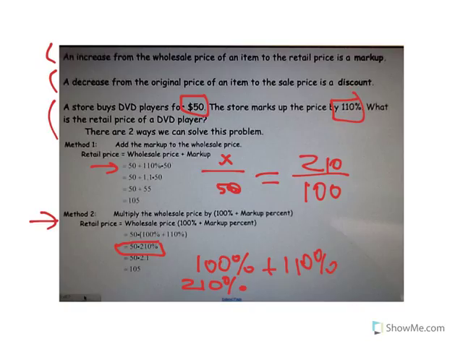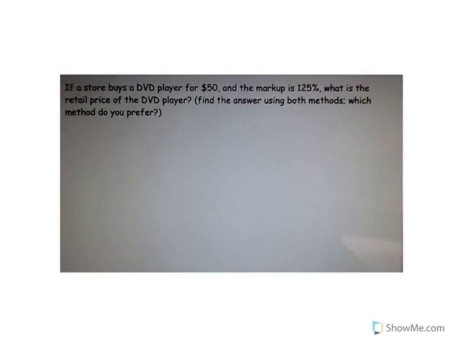Cross multiply and solve. So it says here, if a store buys a DVD player for $50 and the markup is 125%, what is the retail price of the DVD player? So what we're going to do is do it two ways.